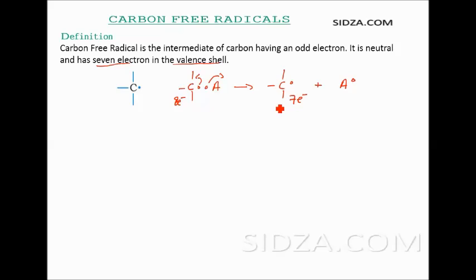Because a carbocation is electron deficient, the free radical is also electron deficient. The difference here is the carbocation is positively charged, it is 2 electron deficient. The free radical is a 1 electron deficient species, and it is a neutral molecule, but both are electron deficient species, and the stability order will be almost the same pattern.